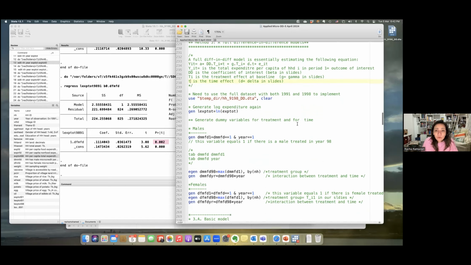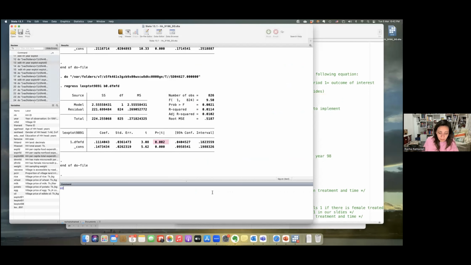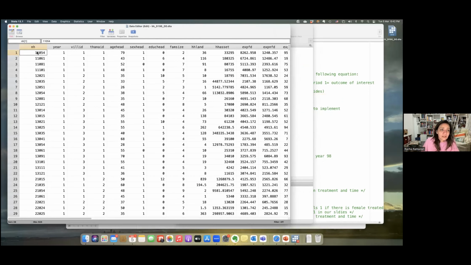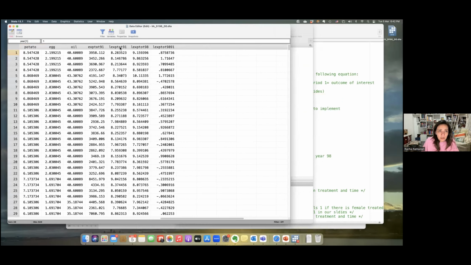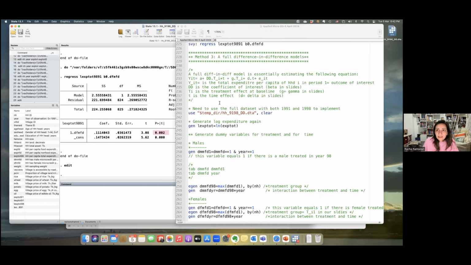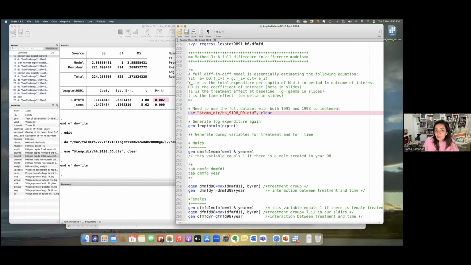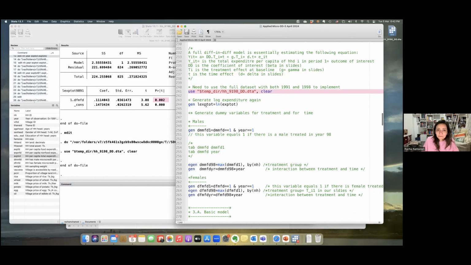And here I want you to remember that we manipulated the data so that we have one row per household, with the total expenditure for year 0, 91, and year 1, 98, and the difference between both. Now I don't want the data in this shape. I want it in the original shape, which is the long one, so I will use it back again.